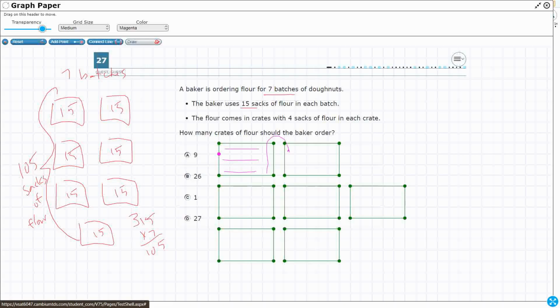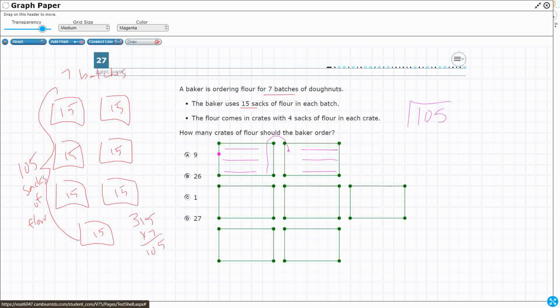So I need 4 sets of 4, 5, 6, 7. But you notice there's a little bit left over. It doesn't work out evenly. I can keep doing it this way. Probably a better way would be to say, okay, I'm going to take my 105, let's divide that by 4, but you can continue doing it this way.